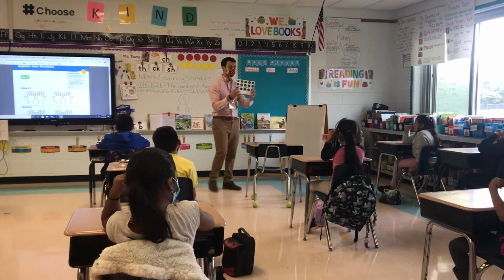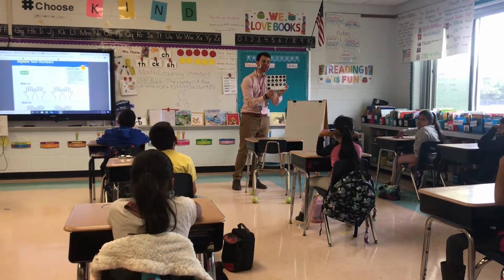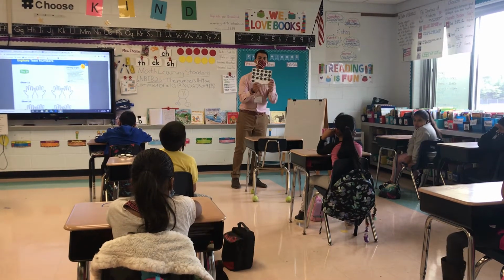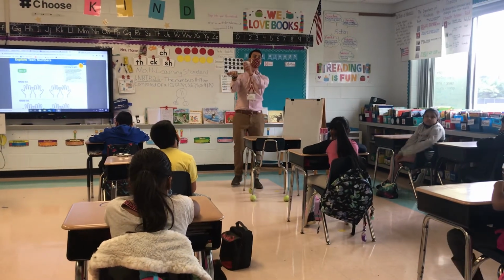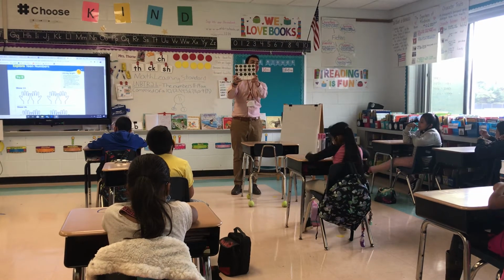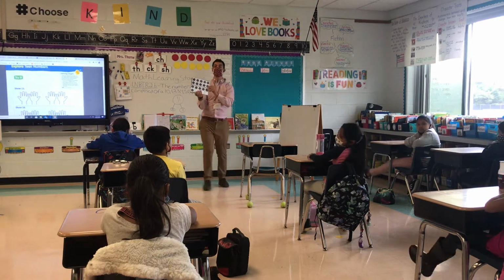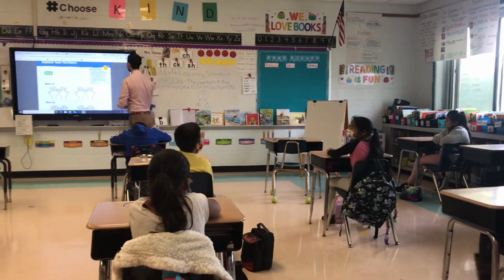Brittany, how many dots are on my bottom row? 6. Yes, there are 6 dots on my bottom row. Marlene, you have 10 dots, and you add 6 more dots. How many dots will you have total? 16 is right. 10 plus 6 make it 16. You guys are so smart.